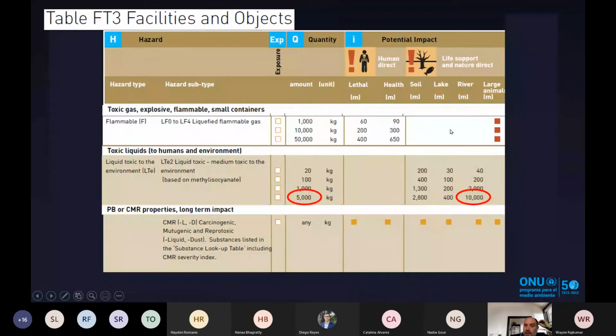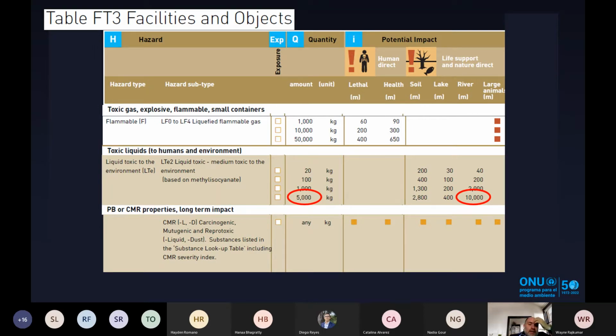Can you click on this? Once I have these priorities, the next action is to determine what facilities and objects are being impacted by the substance. I brought here three of the impacts that each impact hazard is proposing.